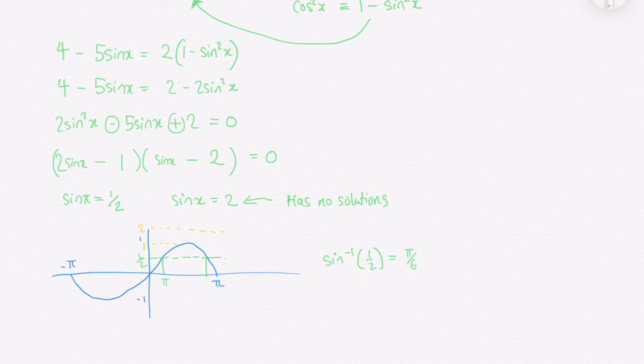So we know this is pi over 6. But this distance here is pi over 6. So this distance here is also pi over 6. So we also have a solution of pi subtract pi over 6, which is 5 pi over 6. So we have 2 solutions to this equation between negative pi and pi, which is x equals pi over 6 and 5 pi over 6.